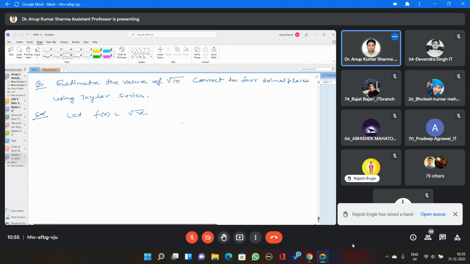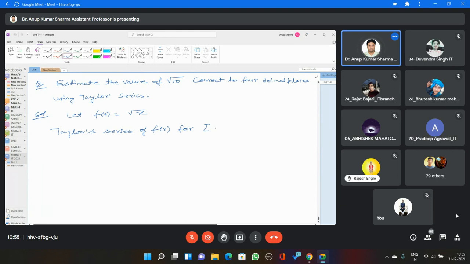So we are considering the interval. Taylor series for an interval, we should write x comma x plus h if we are taking.